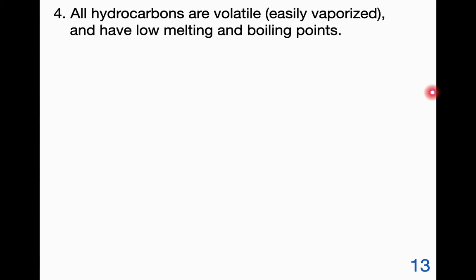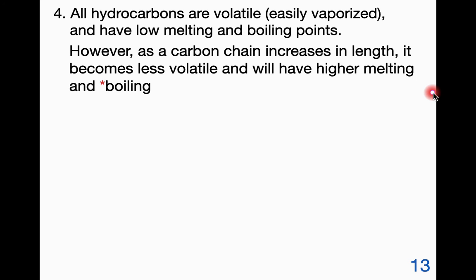Four, all hydrocarbons are volatile, which means easily vaporized, turned into a gas, and have low melting and boiling points. However, as a carbon chain increases in length, it becomes less volatile and will have higher melting and boiling points.